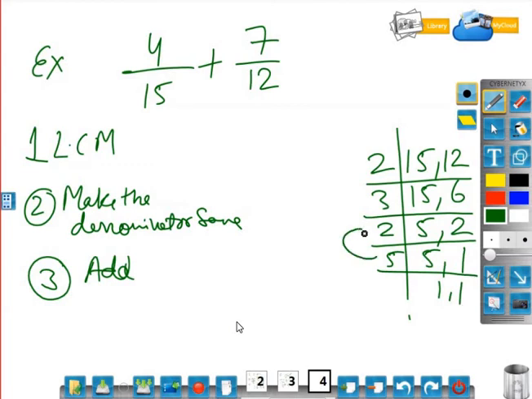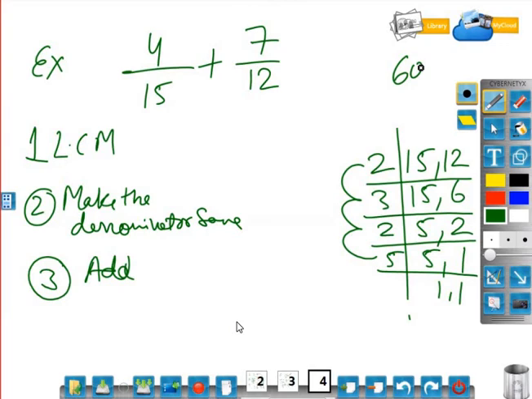Now we can find it by multiplying these numbers: 2 times 5 is 10, 10 times 3 is 30, 30 times 2 is 60. So 60 is the LCM. So we make this 60. How can we make it 60? 60 is the LCM, so by what number do I multiply 15 to get 60?